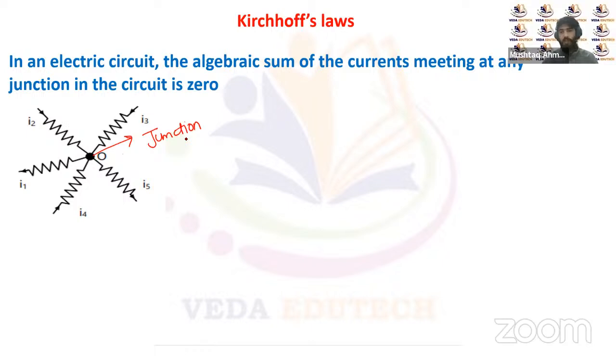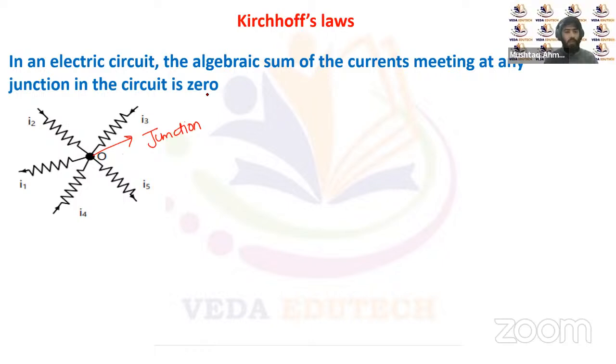Kirchhoff's first law states that the algebraic sum of all the currents at the junction in a circuit is always zero, right? It means that whatever current is entering the junction, the same amount of current must be leaving the junction as well, right?